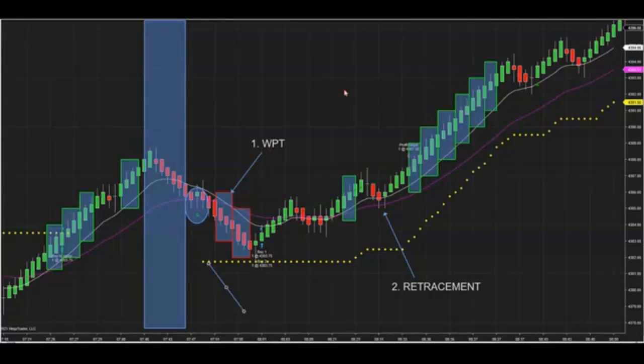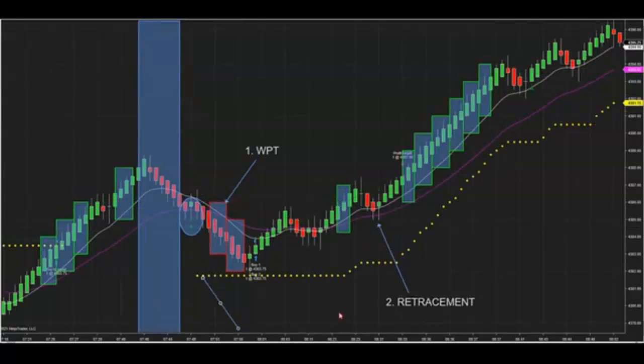The beauty of this system is that the speed bars right here, the big red enclosed bars, and here's green, tell you that there's typically a big volume spike or big possible movement coming in the market in that direction.